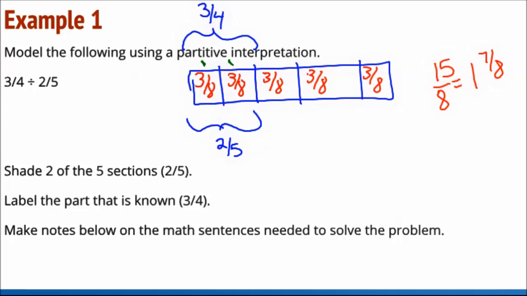But let's step back here for a second and look at what I actually did at the beginning of this process. What I did is I took 3/4 and I divided it by 2. And once I had divided it by 2, I multiplied it times 5. Now another way of thinking of this is I found half of 3/4 and I multiplied times 5.